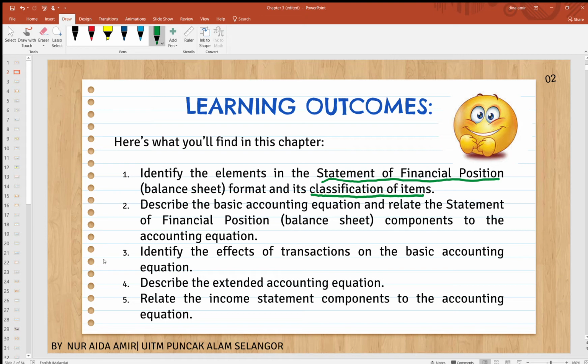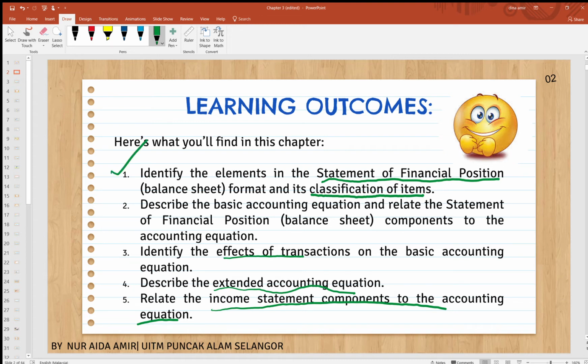Identify the effects of transactions on the basic accounting equation. You will describe the extended accounting equation and relate the income statement components to the accounting equation. Mostly it's about accounting equations and the items in the statement of financial position. So today we're going to cover this.